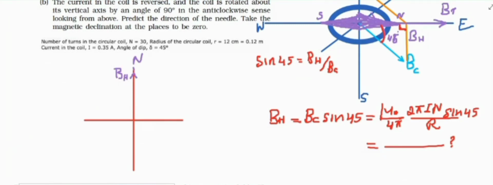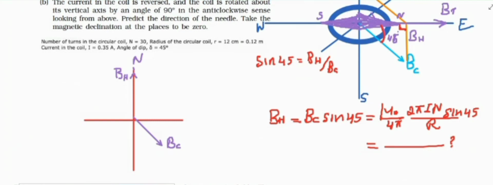And BC is acting in this direction. This is the condition before making the changes. Now, the current becomes opposite. Current becomes opposite means what happens?